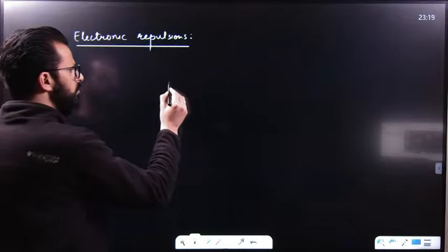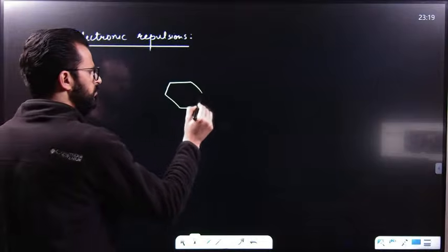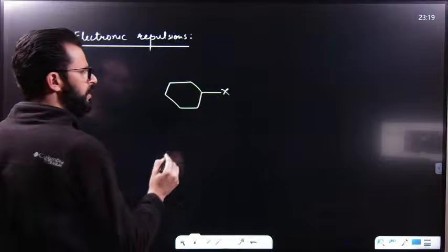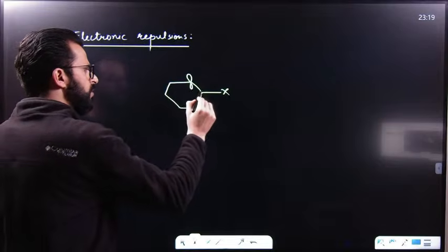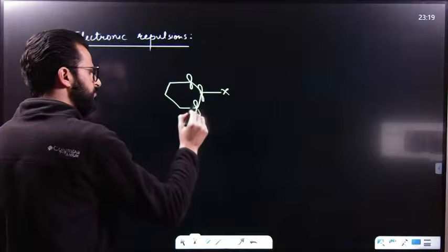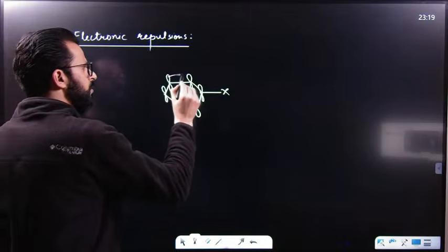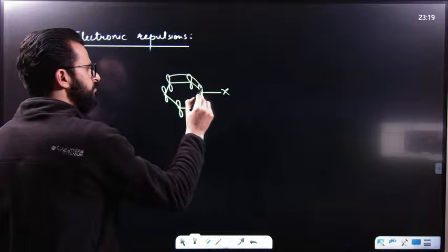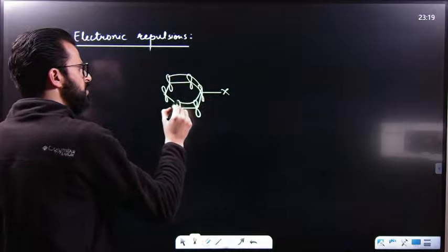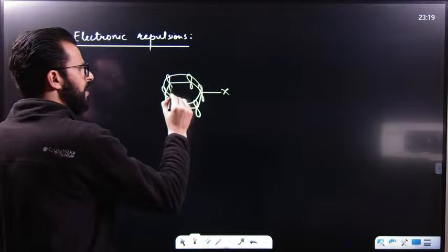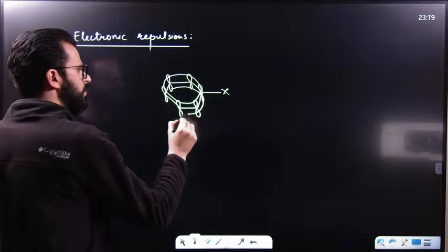After that, another reason: this is what we call a haloarene. And we know in the case of haloarene, the aromatic ring is showing overlap like this. These upper orbitals will overlap and these lower orbitals will overlap.